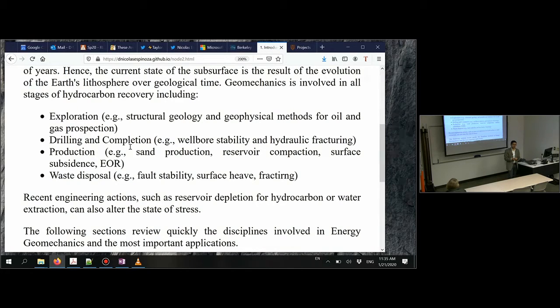And in order to have those wellbores stable, you need very advanced geomechanical concepts and models in order to make sure that those wellbores are drilled successfully.